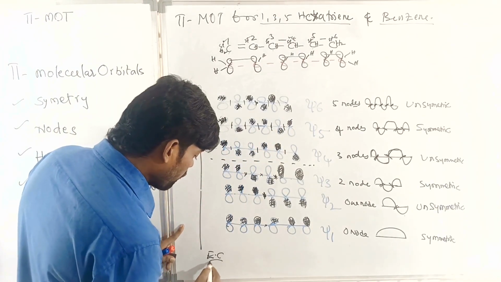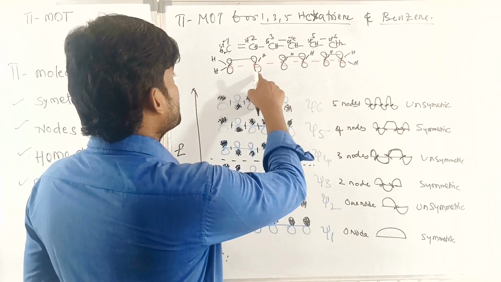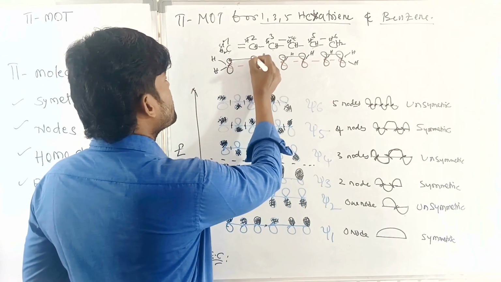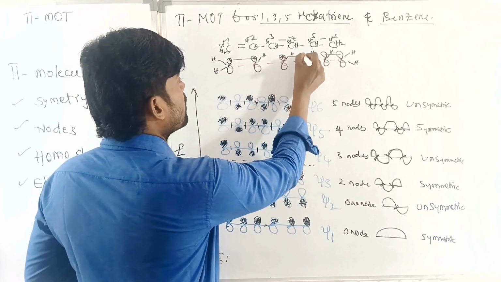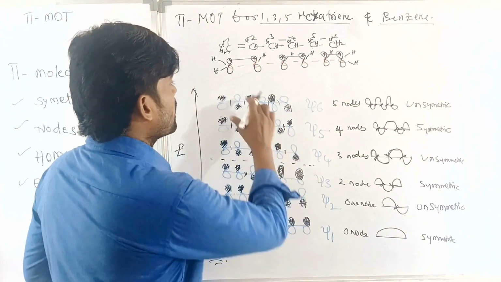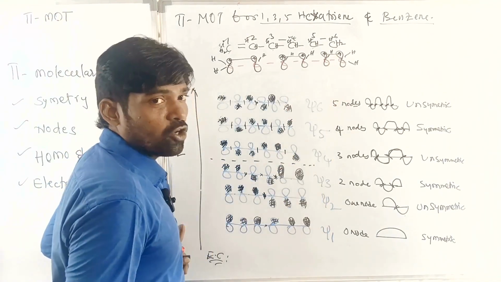Now let's see the electronic configuration for this molecule. 6 unhybridized p orbitals are there. Those 6 p orbitals have one electron on each of them, so totally 6 electrons are there.